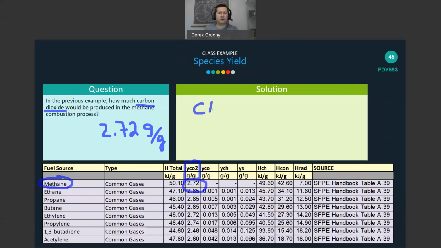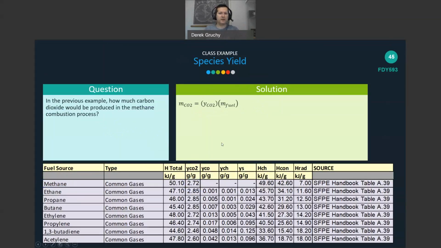But if we're burning methane, we have CH4, but we're adding to it some oxygen. So the oxygen is getting added into the carbon of this molecule. When they break down and reform, we're ending up with CO2. So we're actually adding some mass into the production there.